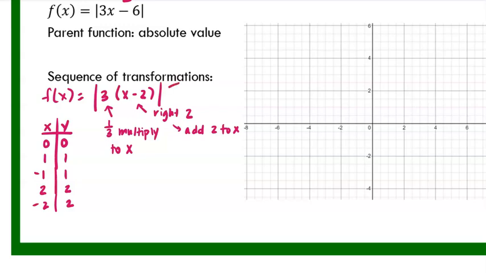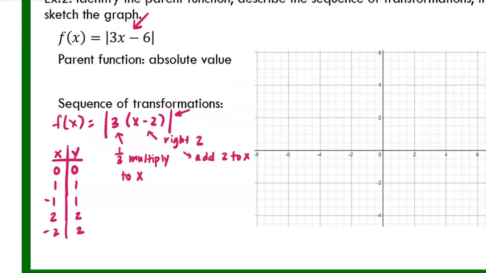Now, if I factor it out like this and follow the rules of PEMDAS, it's going to tell us to go right 2 first and then multiply. But I have to look at the original function. The original function tells us to first multiply by that 3, and then we subtract 6.